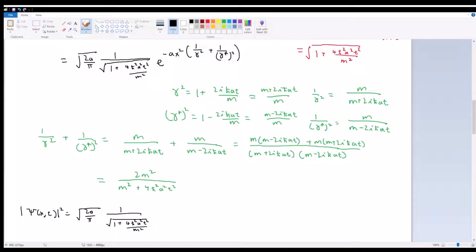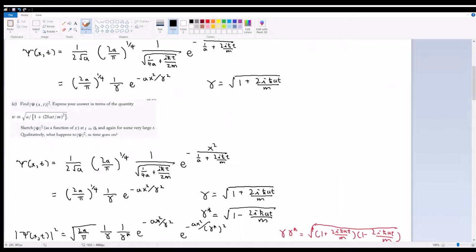And then we're multiplying by e to the negative ax squared times 2m squared over m squared plus 4 h bar squared a squared t squared. And this problem specifically wants us to write this in terms of omega.